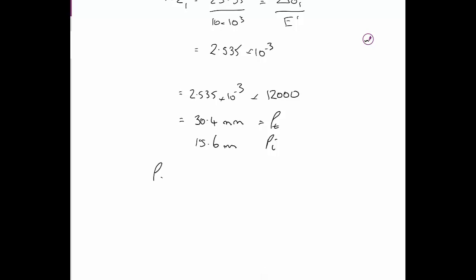So we can calculate rho C, consolidation, equals 30.4 minus 15.6, which equals 14.8 millimetres. So there's been 14.8 millimetres consolidation settlement after that initial 15.6 initial settlement.